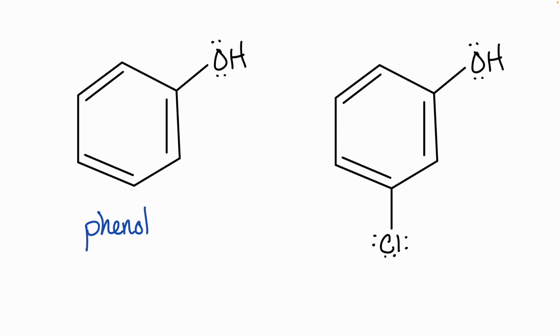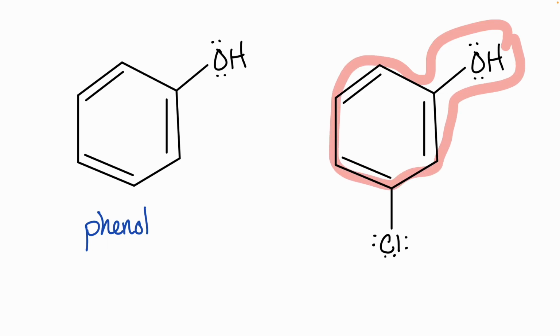The parent chain is not the benzene ring, it's the entire phenol portion here. This becomes the parent chain in this molecule. So there are certain benzene derivatives that have functional groups on them that we're going to learn special names for. And those special names become our parent chain in our molecule.